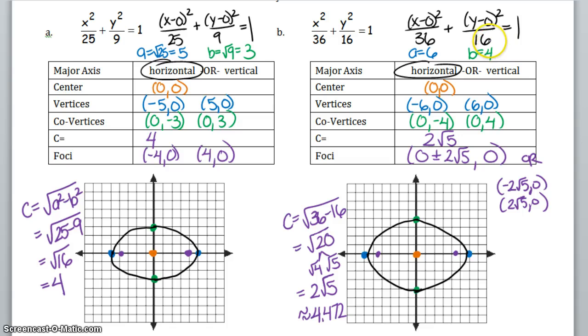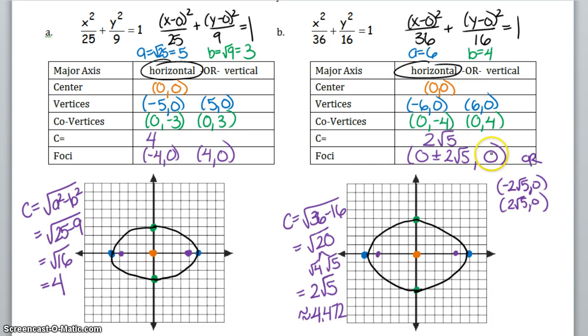Similar for the co-vertices, the square root of 16 is 4, so I went the other direction, up and down 4. Now when I figured out c, I didn't get an exact value, but that's okay. I can still simplify the radical, and then I want to use that simplified radical in my chart. In your chart should always be exact answers, never rounded.